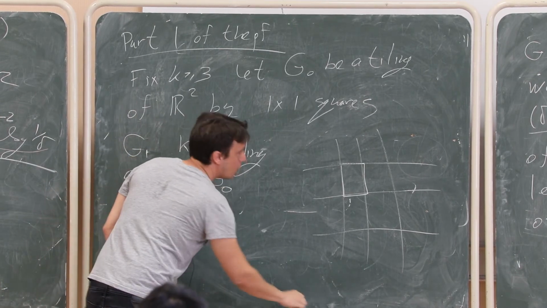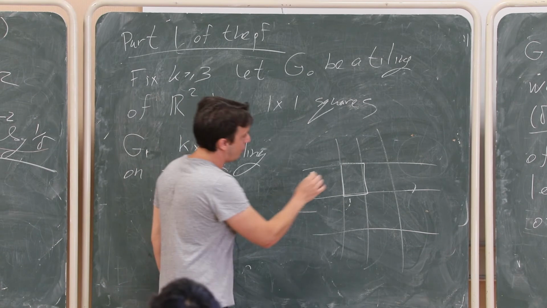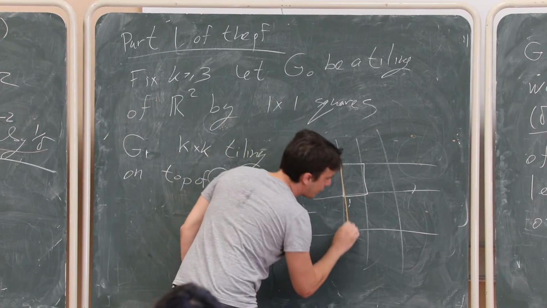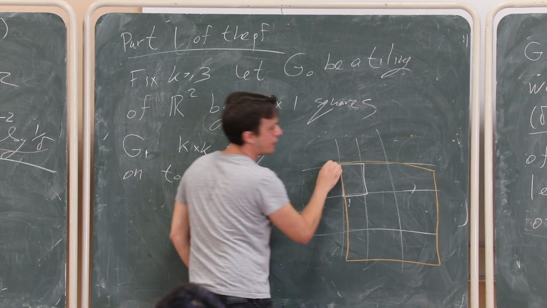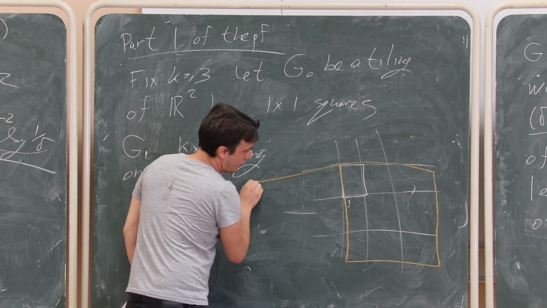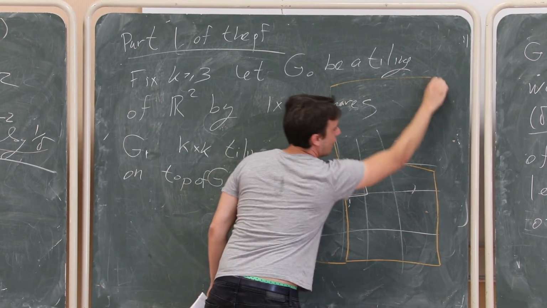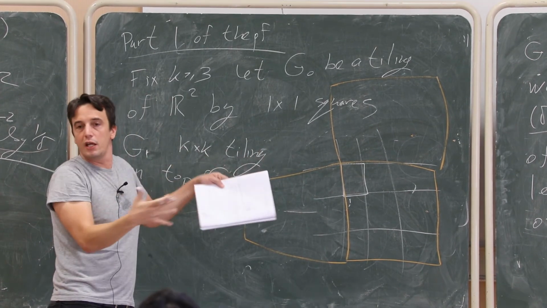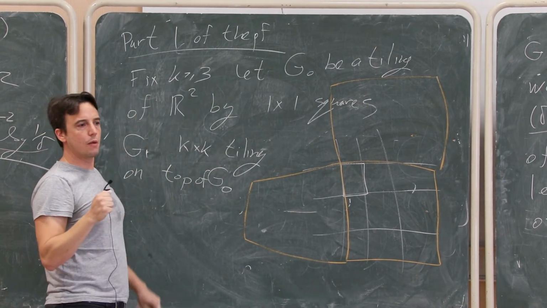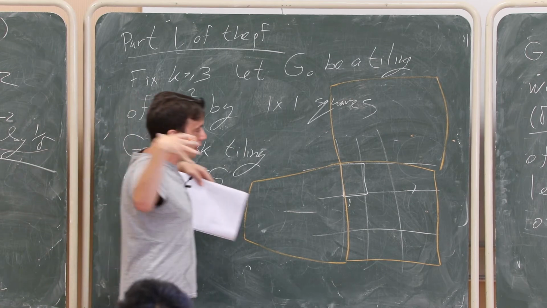So if K was 3, I would take these squares, and this would be 1 square, and here I would have another square, etc. So I have a tiling on top of the original tiling that goes up, and I'm also going to look at a tiling that goes down.